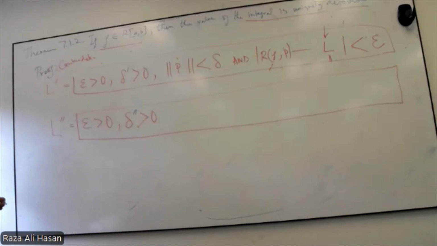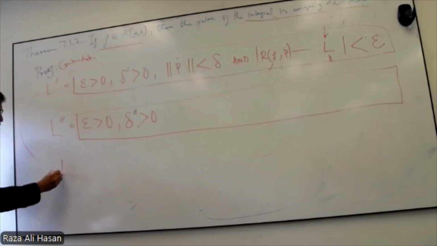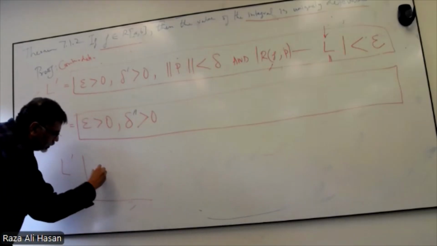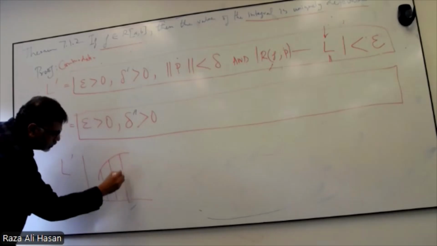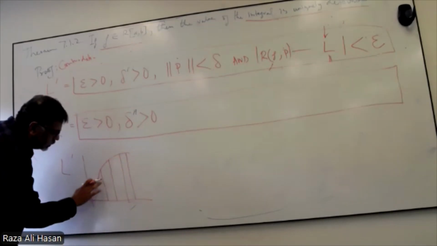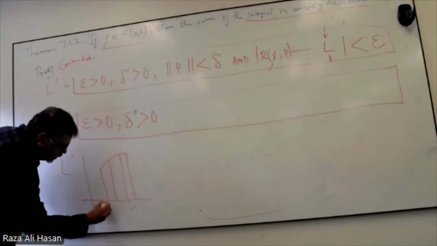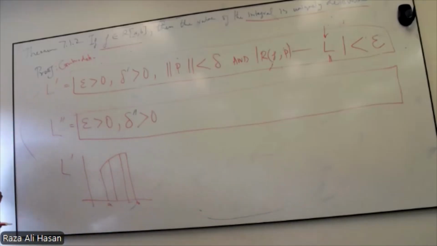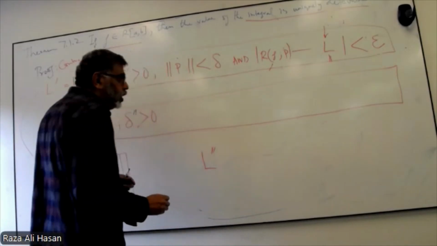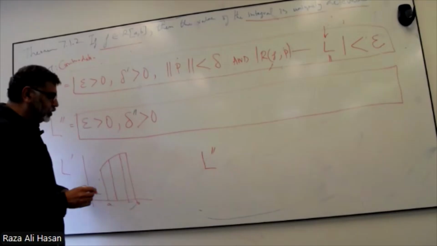Okay, so I'm going to draw the L prime right here, and this is how it's going to look. Let's say this is our picture, and this is A and B right here. This is for L prime and then L double prime. We're going to go with this being finer.